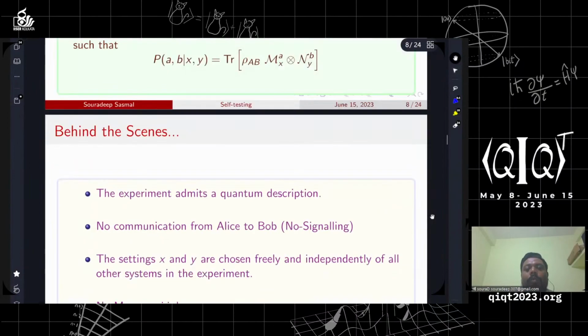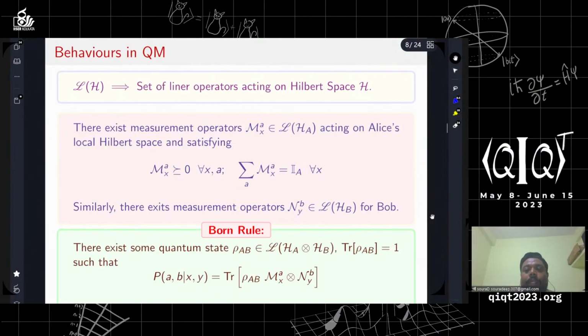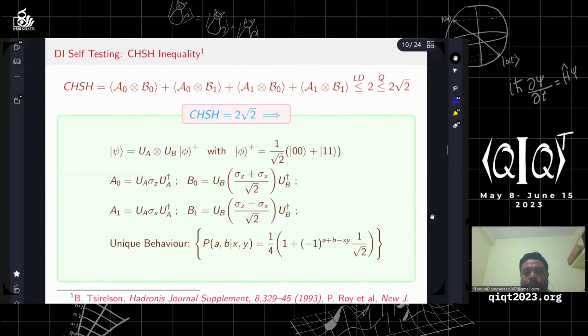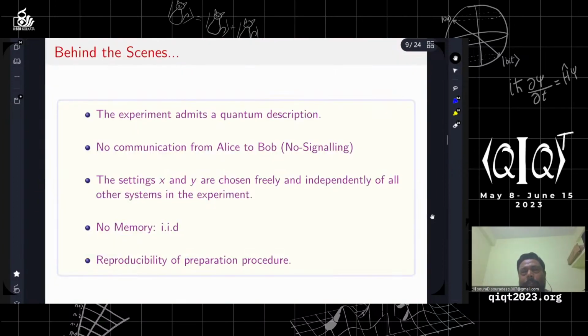Now, under what assumptions can we be sure, looking at the statistics, what my behavior was? So we assume that the experiment admits a quantum description because right now it's the most correct theory, and no communication from Alice to Bob.